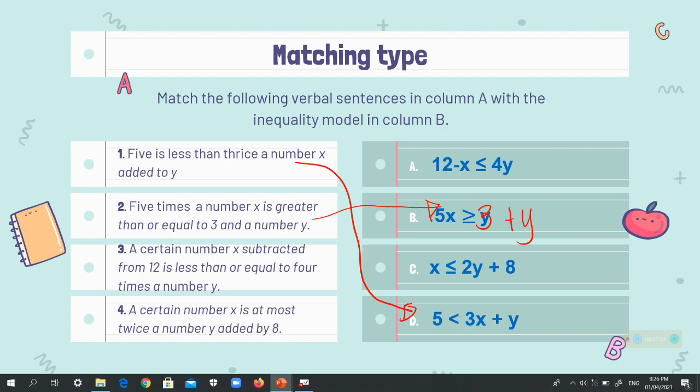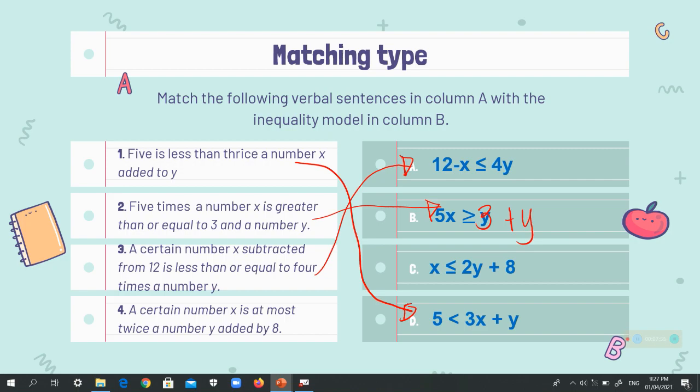Next, a certain number X subtracted from 12 is less than or equal to 4 times a number Y. Your answer here is letter A. Next, a certain number X is at most twice a number Y added by 8.